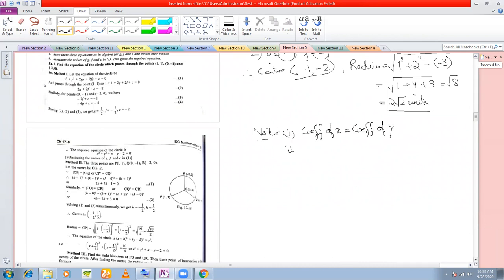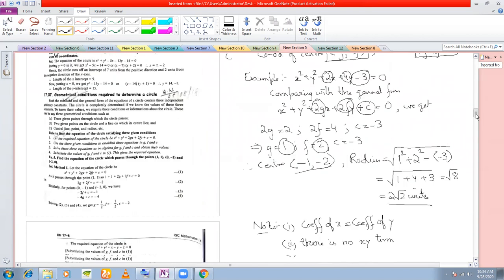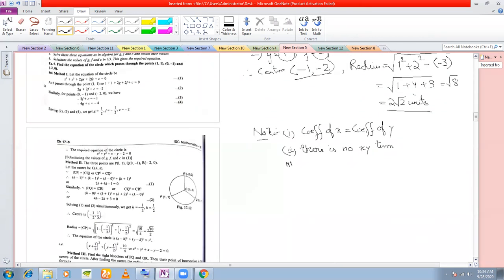The next thing you must see is that there is no xy term, no x into y term. These two you must have noticed. Also you must see that this is an equation in x and y of degree 2. Okay, these things you must notice.